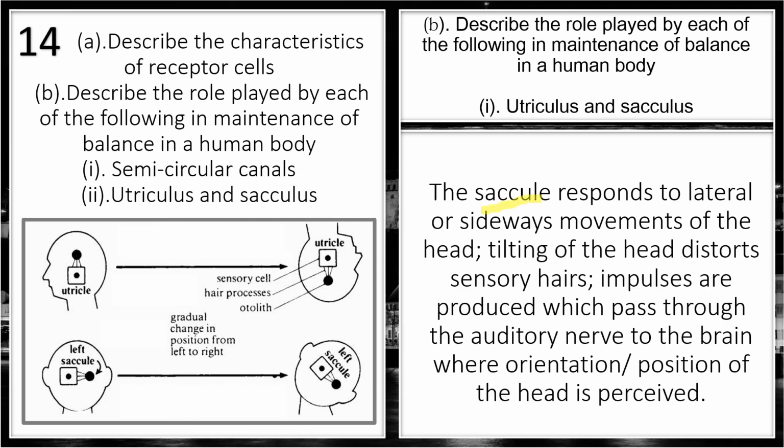The saccule responds to the lateral or sideways movements of the head, that is, tilting of the head distorts the sensory hairs. Impulses are produced, which pass to the auditory nerve of the brain, where orientation and position of the head is perceived.